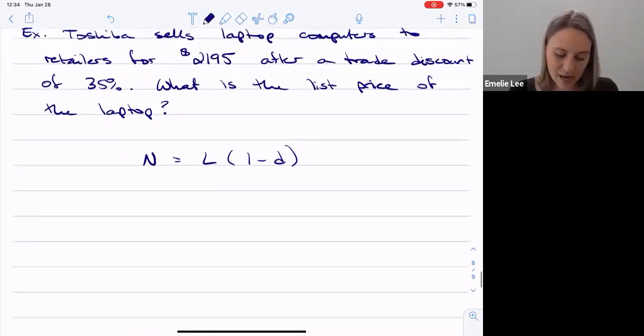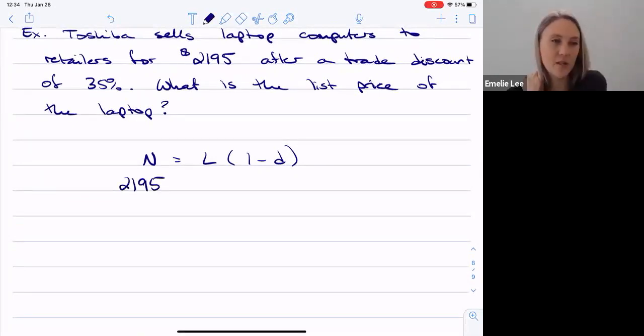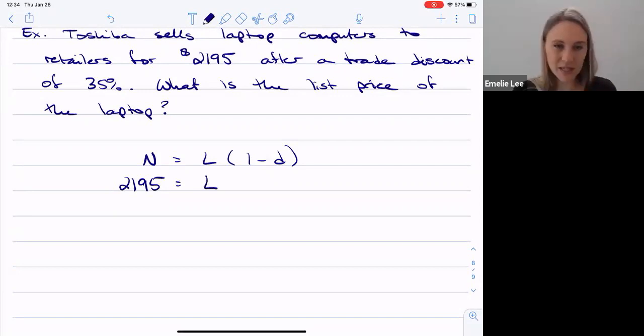So my net price is $21.95. Mostly from context, right? So if it's not obvious, then it is just from context. So that can be tricky in the beginning. The list price is what I want to solve for. And then 1 minus D, but remember 35%, I have to make it a decimal, so 0.35.